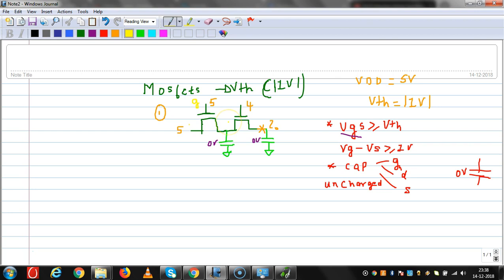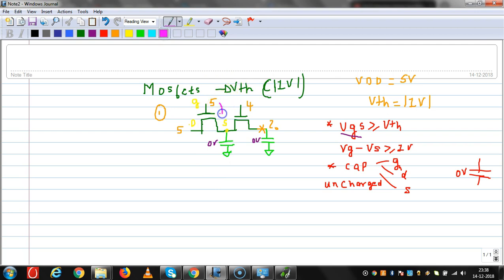For a NMOS, the source is any terminal where the voltage is lesser. Okay. For example, here in this case we have considered this node to be tied to 0 volts. So this must be treated as a source. Because this is the source, the other terminal by default can be treated as a drain. So what is this gate to source voltage?